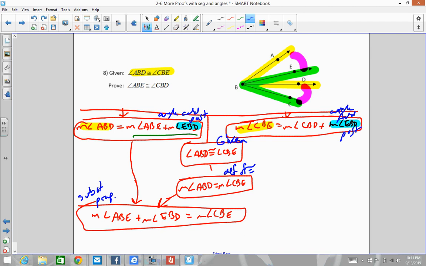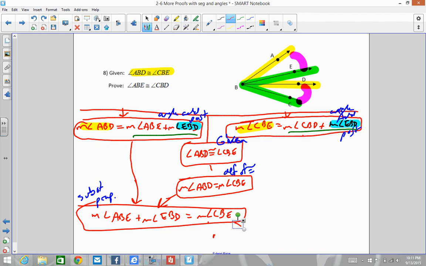Okay, now I got to do it again. I got to do it on the other side. I've got to get this into there where the CBE is. So again, if this and this, then I got my connection.